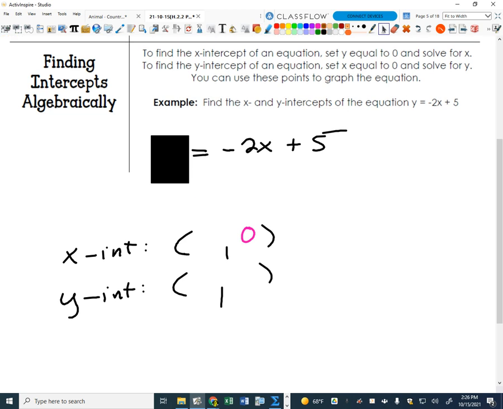is that if I'm setting y equal to 0, then doesn't that term over here become 0? So I can just cover it up and solve for x in the equation. What are the 2 steps to get x by itself? Subtract 5 and divide by negative 2, so what would I end up with? So I'd get negative 5 over negative 2, right?